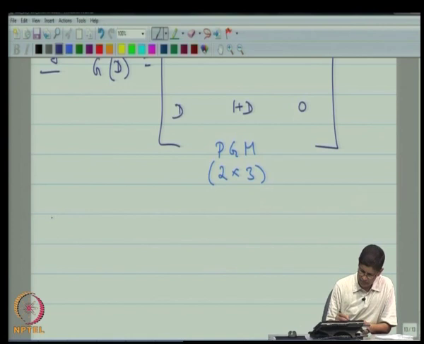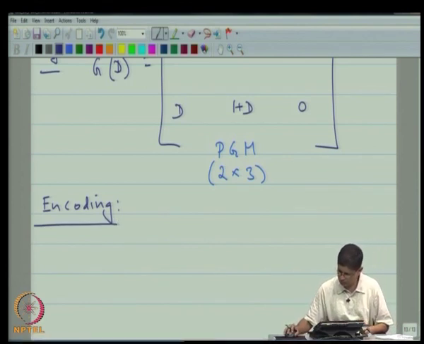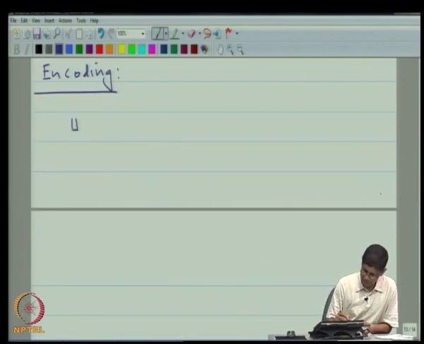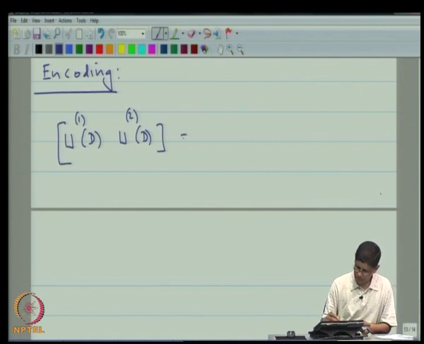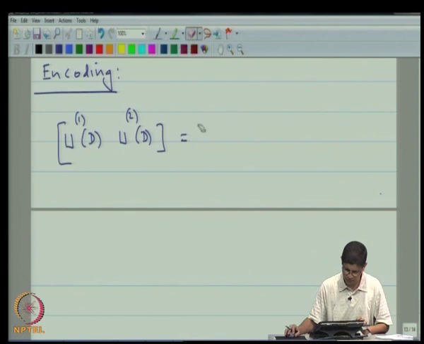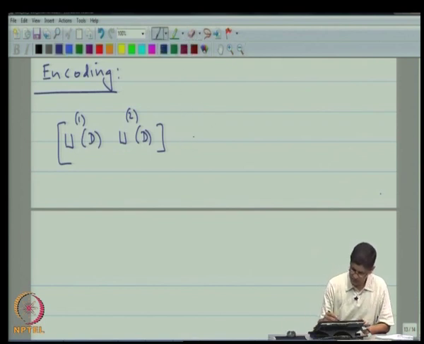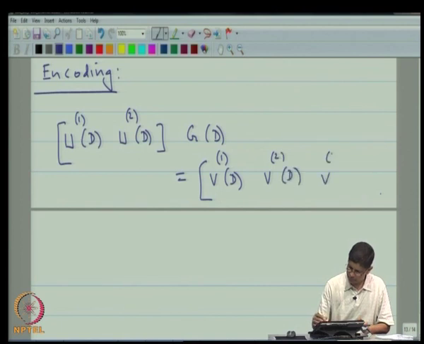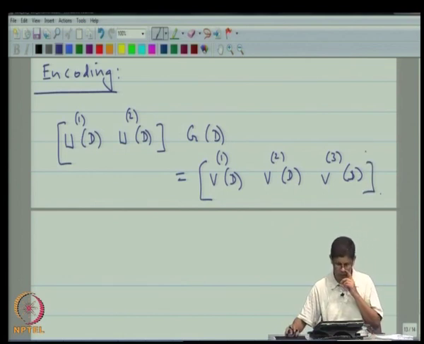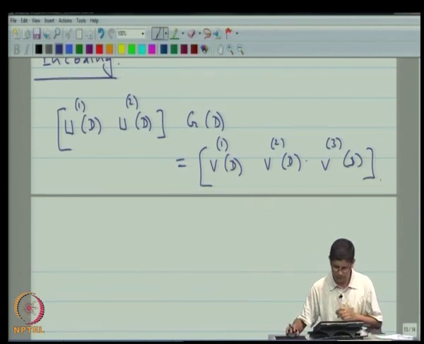So, the encoding operation would be represented by U1 of D, U2 of D times the polynomial generator matrix G of D is equal to V1 of D, V2 of D, V3 of D. So, this is how you would actually encode. There would be 3 outputs and 2 inputs.